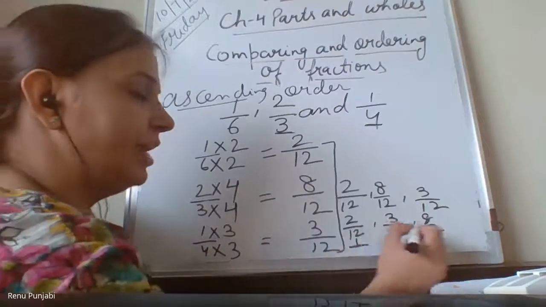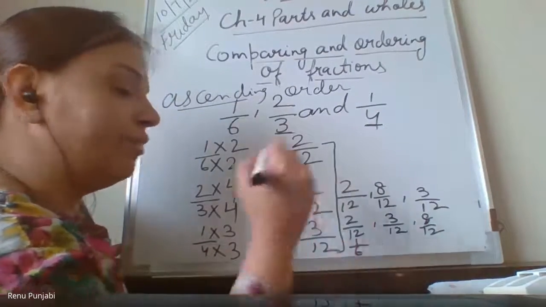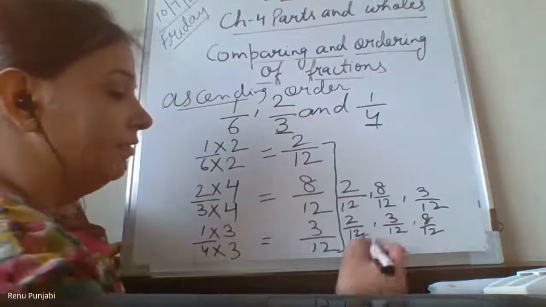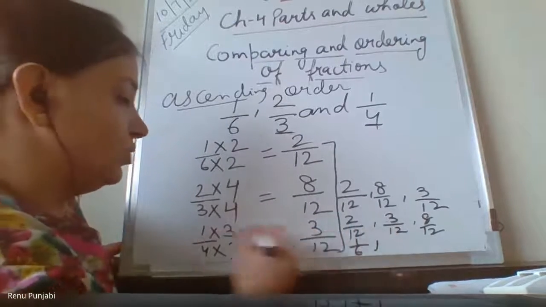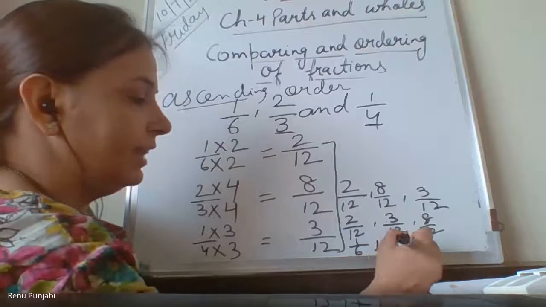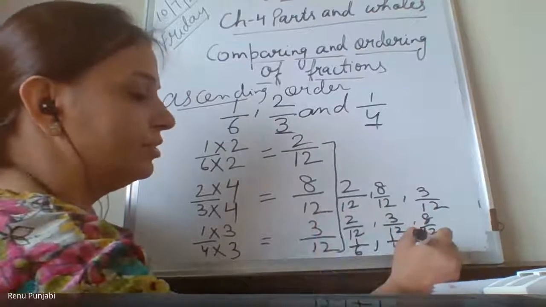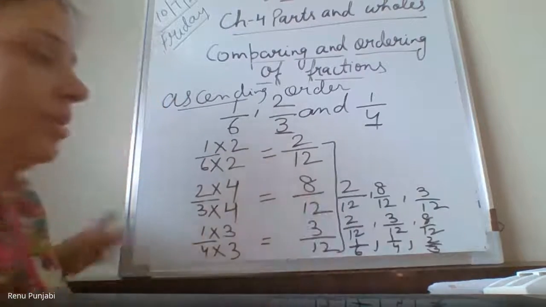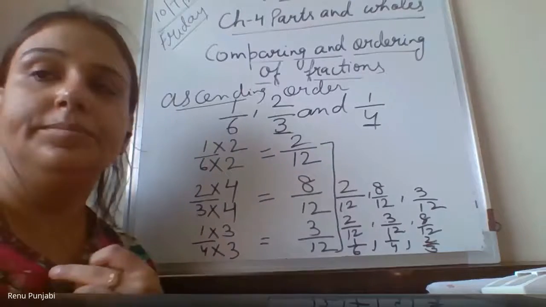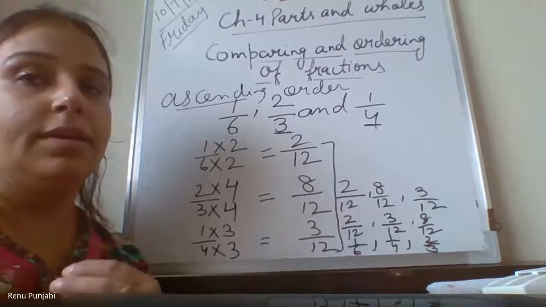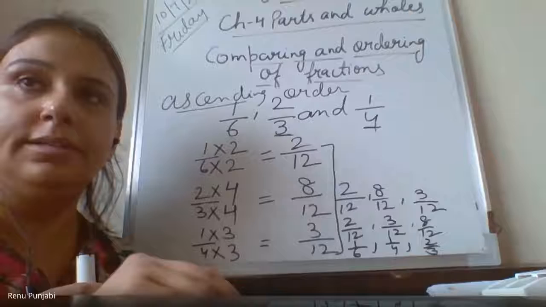So arrange the actual fractions in the order: 1 upon 6, then 1 upon 4, and then 2 upon 3. Clear, children? Yes or no? Are you clear till here?